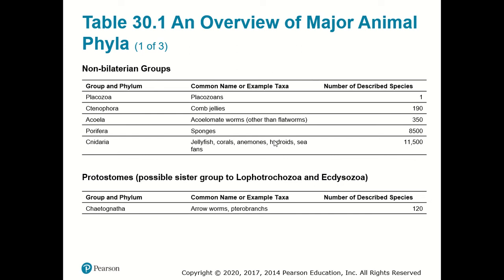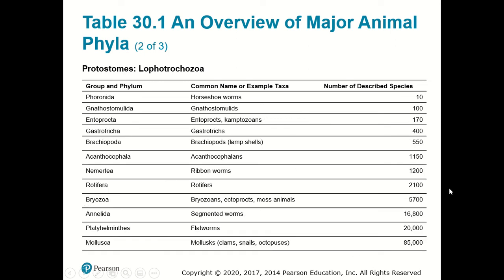And then we have the protostomes, which are divided up into two smaller groups. Protostomes would be divided up into the Lophotrochozoa, which is right here. These are all the phyla within the Lophotrochozoa group, and look at how many species there are within it.